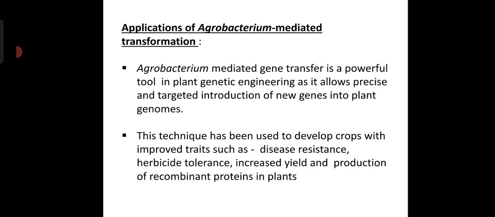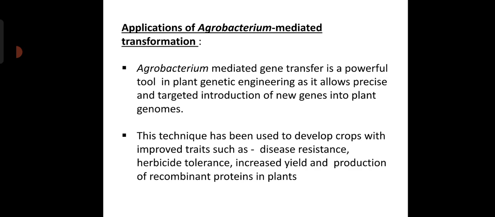The first important application is crop improvement. This is used to introduce traits into crops such as disease resistance, herbicide tolerance, and improved yield. The next application would be functional genomics. This is used to study the function of genes by introducing gene constructs that alter their expression or function.